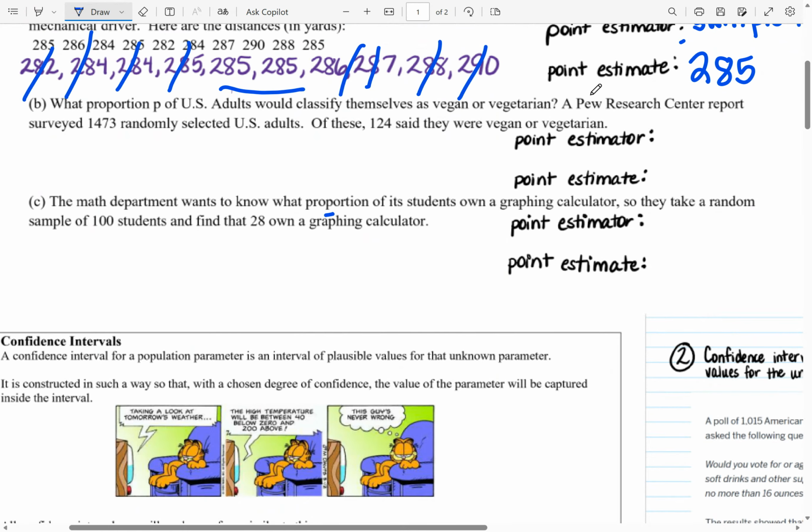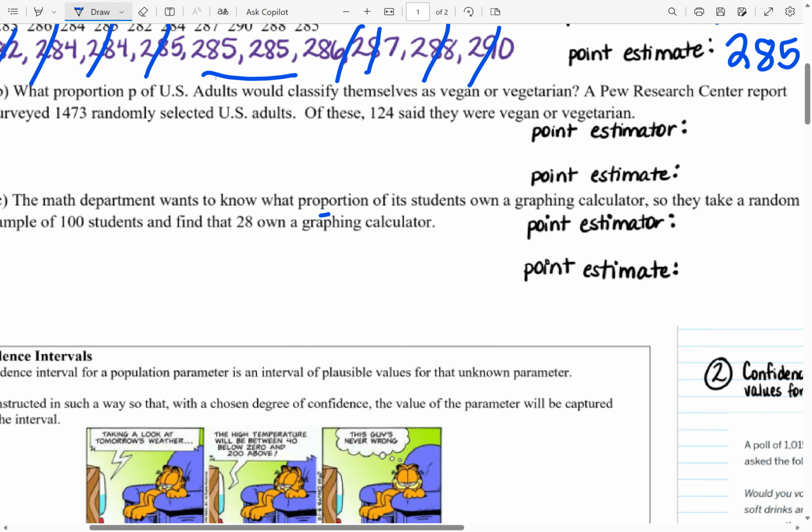So if I'm interested in the population proportion P, which means I want to know P, then my point estimator is my sample proportion, or p-hat. My point estimate is the number from my sample.